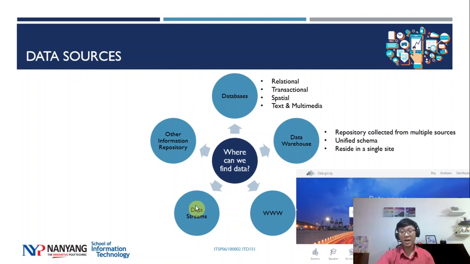We also mentioned healthcare. Healthcare has lots of data that the nurses and doctors will be monitoring. So these are data streams coming in. And of course, there are other information repositories from various portals, even the central libraries or the National Archives, where you can also retrieve some of this data, whether electronic or non-electronic.